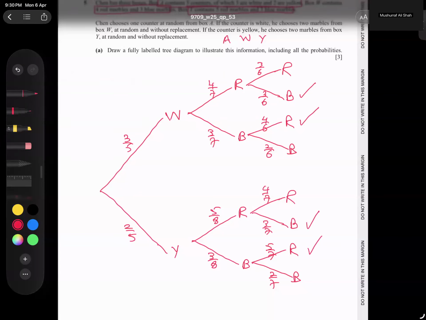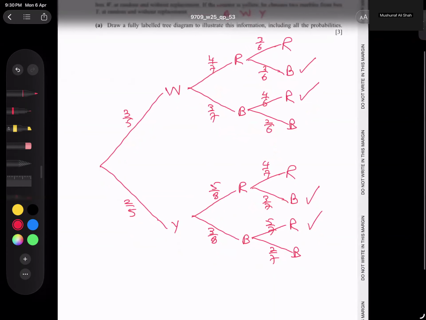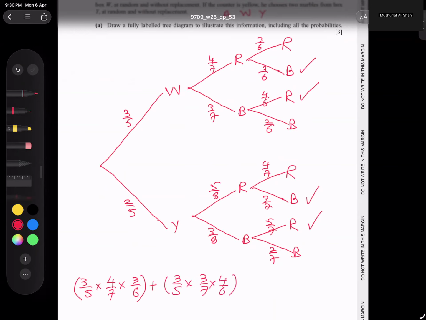We have 4 branches, which I'm going to write now to save time. Branch number 1 is this: 3 out of 5 into 4 out of 7 into 3 out of 6, plus branch number 2, 3 out of 5 into 3 out of 7 into 4 out of 6, plus 2 out of 5 into 5 out of 8 into 3 out of 7, plus.